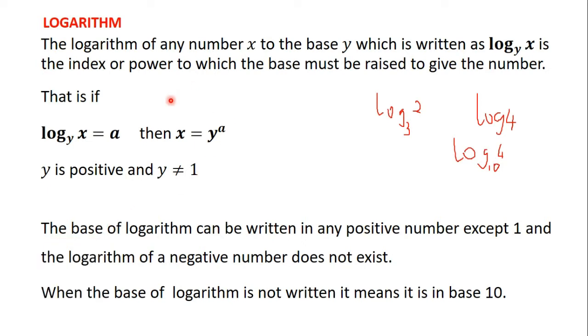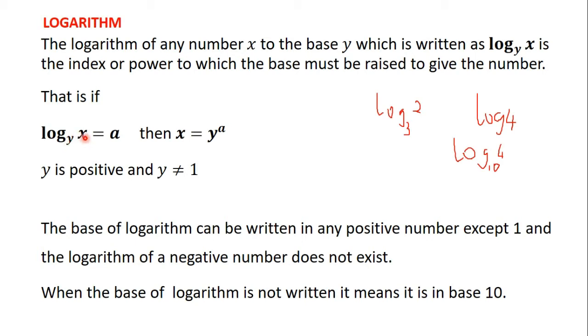So we've learned a lot about logarithm here. We've learned that the logarithm of a number x to the base y is the index or power to which the base must be raised to give the number. So if log x base y is equal to a, then x is equal to y exponent a. We've learned that the base of the logarithm must be positive and it cannot be 1.